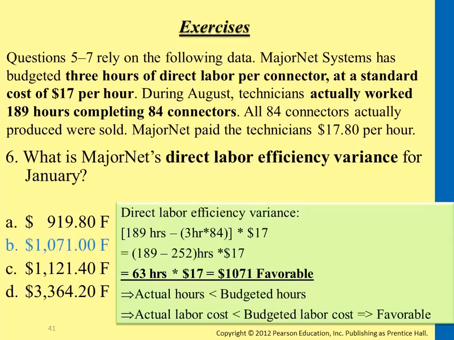Now again, we don't use the actual price because we already captured price differences in the price variance calculation. So here we're just capturing the efficiency part, the hours. So we use the original standard price. Okay, so there were 63 hours saving times $17. This is considered favorable.